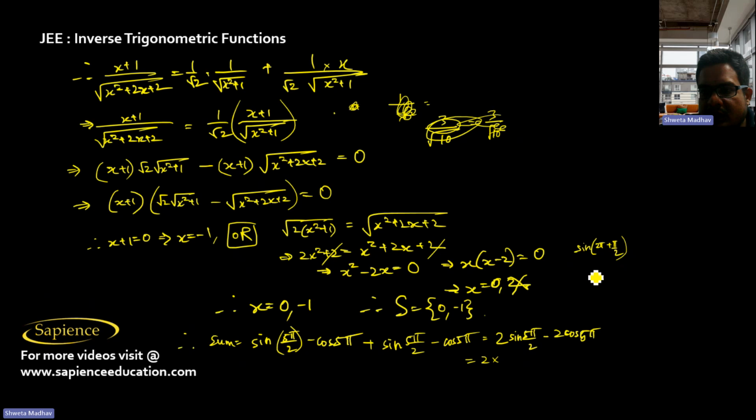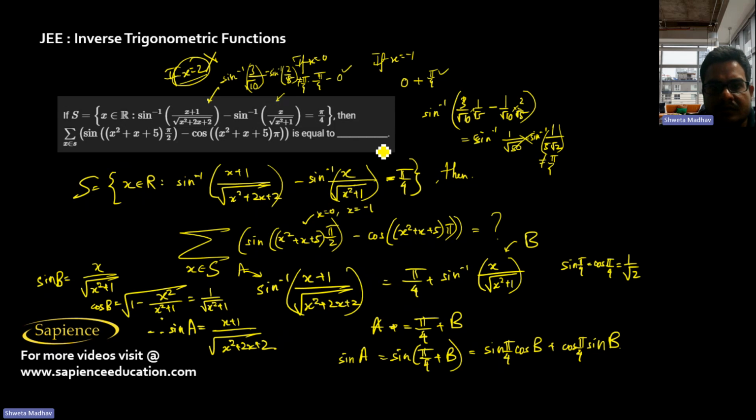So sine 2 pi plus theta is the same as sine theta only. So this is sine pi by 2, which is 1. So it is 2 into 1 minus 2 into cos 5 pi, which is cos 4 pi plus pi, I can say. Now cos 2 n pi plus pi, that is the same as cos pi. Cos pi is minus 1. So it is 2 into 1, 2 plus 2, that is 4. So 4 is the answer.